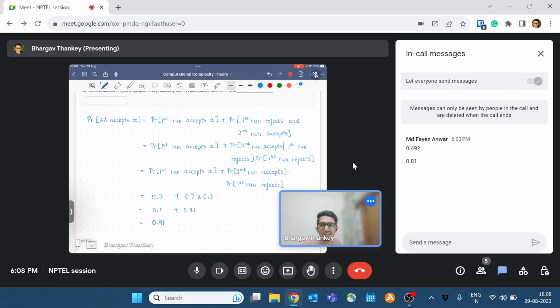Another way is to say that double A accepts X with probability 1 minus the probability that it rejects X, which is what you suggested. So this is fine.